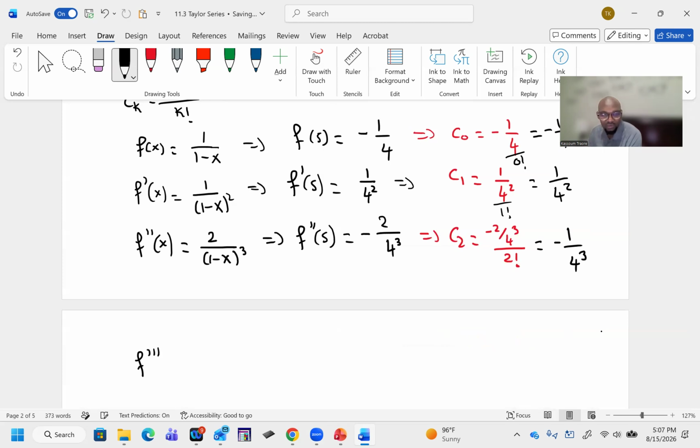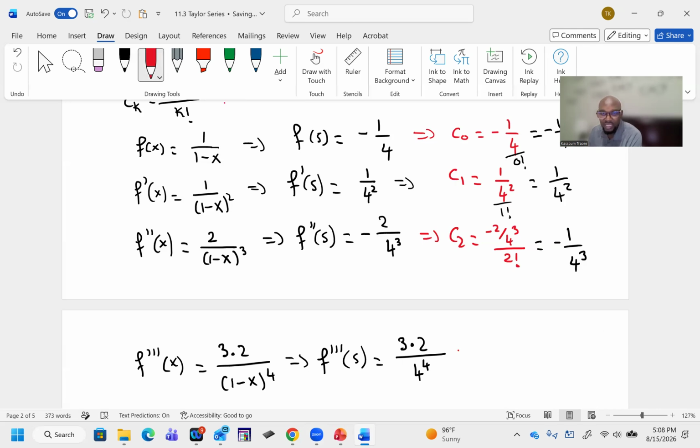The third derivative of f of x will be what? It will be 3 times 2 divided by (1 minus x) to the power of 4. And then the third derivative of f of 5 will be 3 times 2 divided by 4 to the power of 4.